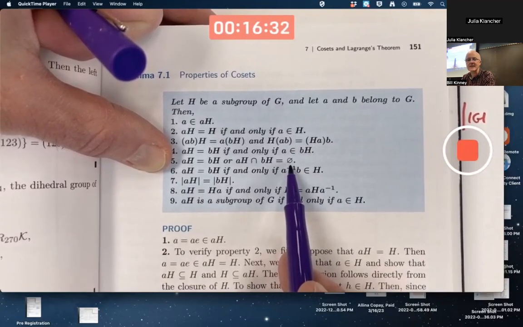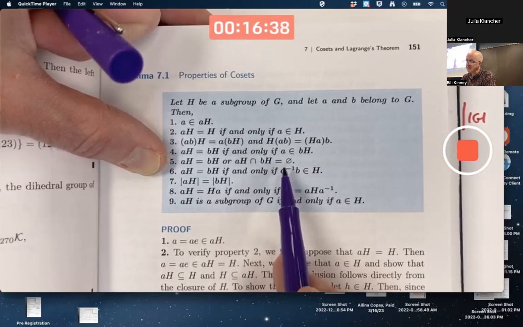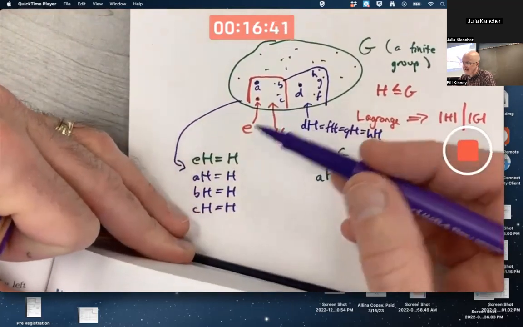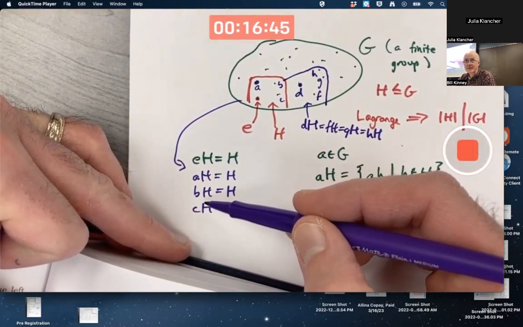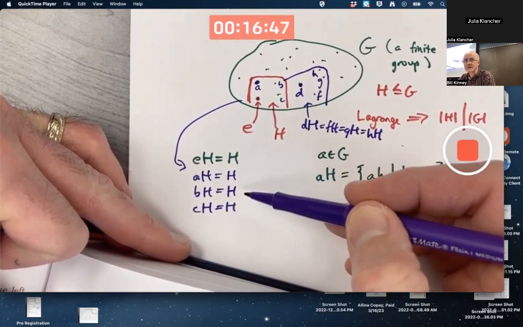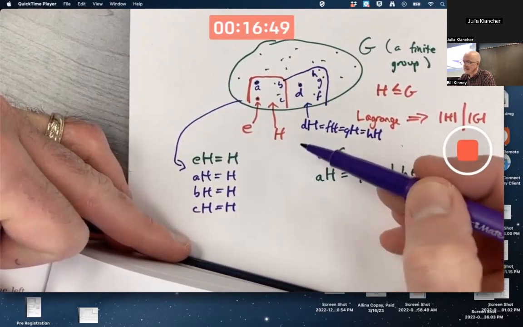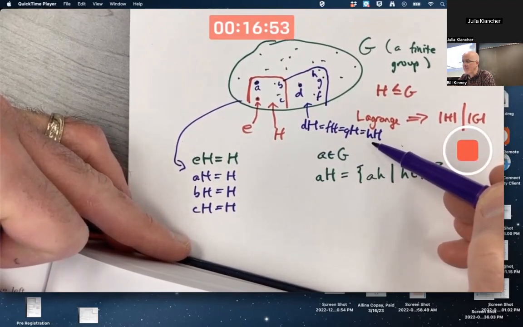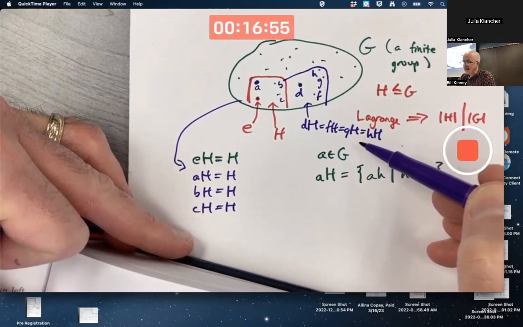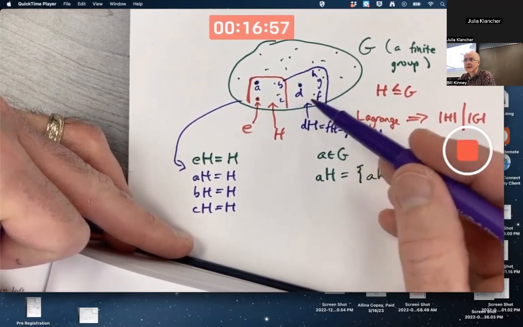That's the empty set there, not a phi. EH, AH, BH, and CH are all the same. They're all the same set. In fact, they all equal H. DH, FH, GH, and hH all equal each other as well. And there's no overlap between these two sets. Their intersection is empty.